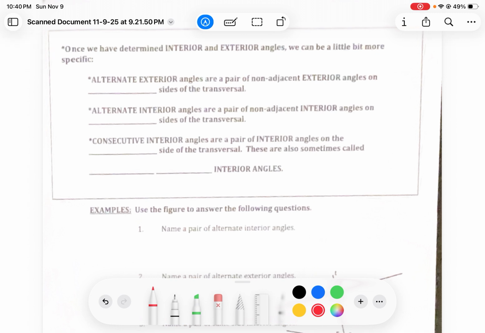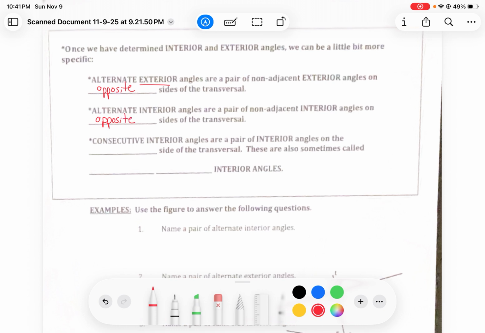Okay, and then I believe the last page of this section here, the third page, once we have determined interior and exterior angles, we can be a little more specific. Alternate exterior angles are a pair of non-adjacent exterior angles on the opposite sides of the transversal. Alternate interior angles are also on the opposite sides of the transversal.